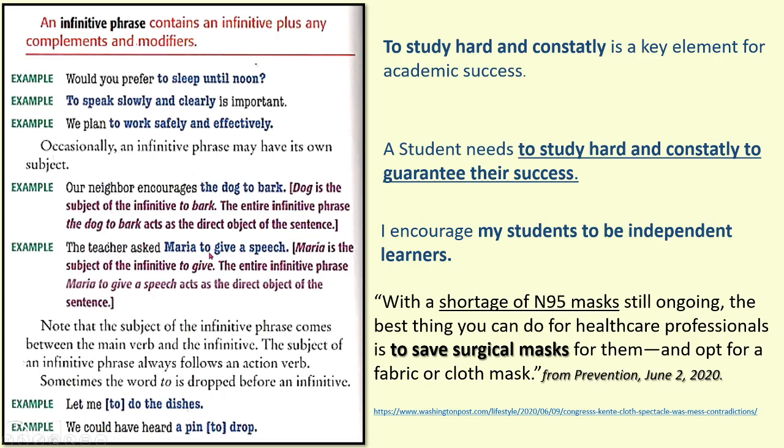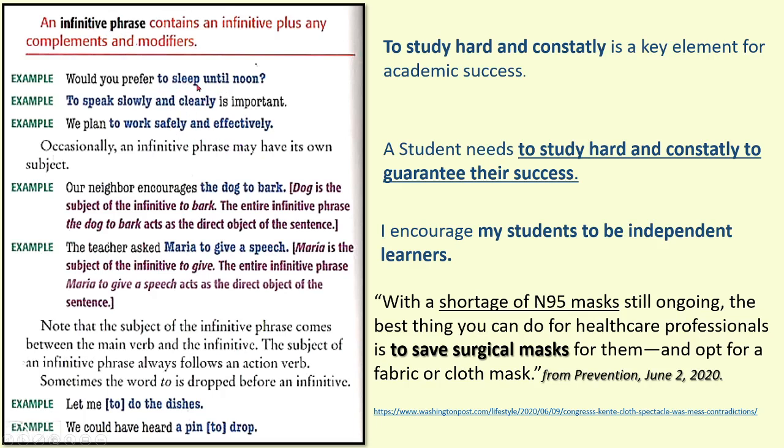The teacher asked Maria to give a speech is about the same construction, where Maria is the subject of the infinitive to give. The entire infinitive phrase, Maria to give a speech, acts as the direct object of the sentence. Remember that an infinitive is a verb and is an action. And even when it acts as a noun, it is naming an action, a verb.